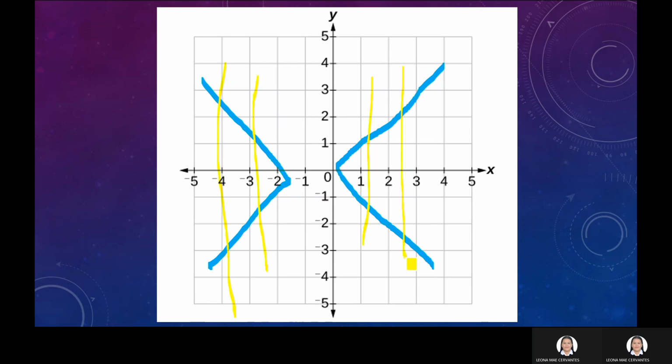Okay, since it touches 2 points in this graph, then this is an example of relation. Next, another example.